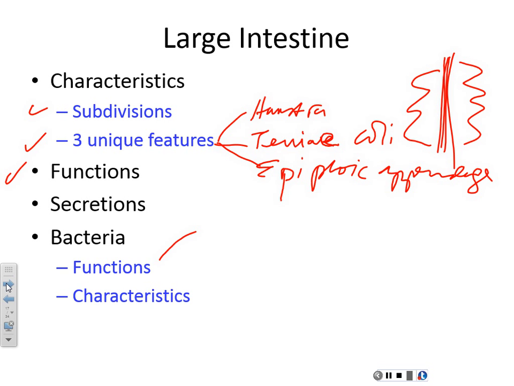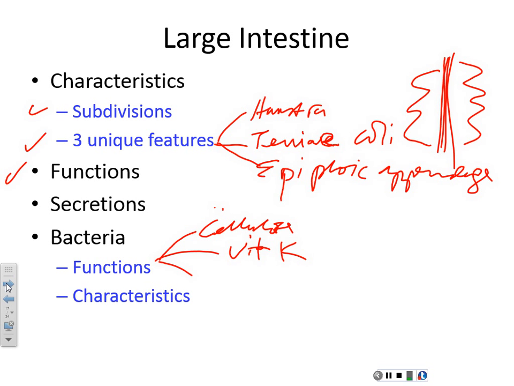Can you break down food? They break down cellulose, all the plant material that we can't digest. So it's a mutually beneficial symbiotic relationship, because not only do they get these nutrients that we can't use anyway, they also produce vitamin K for us, which is good.